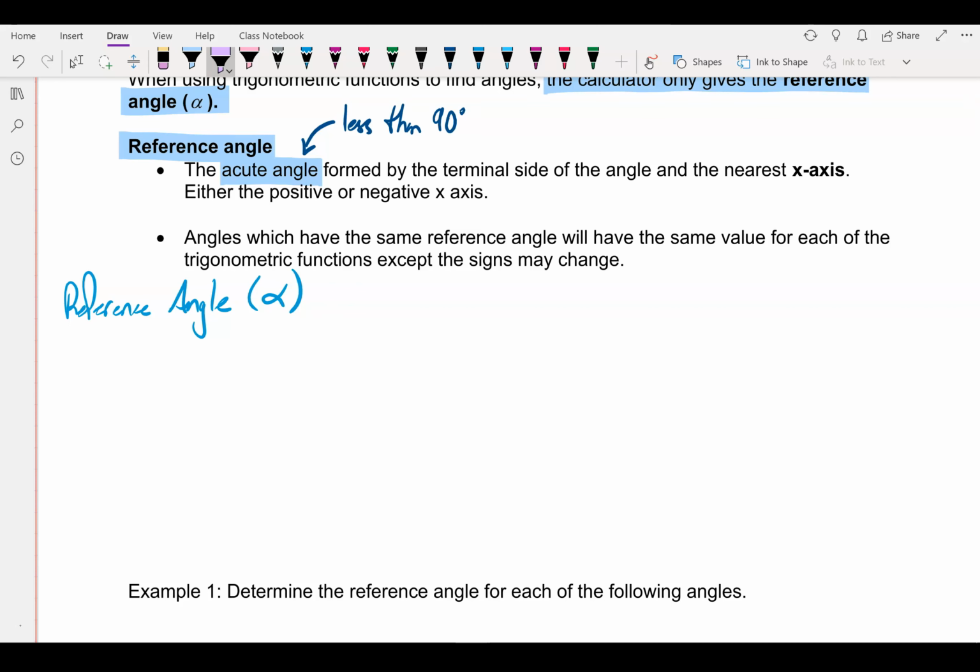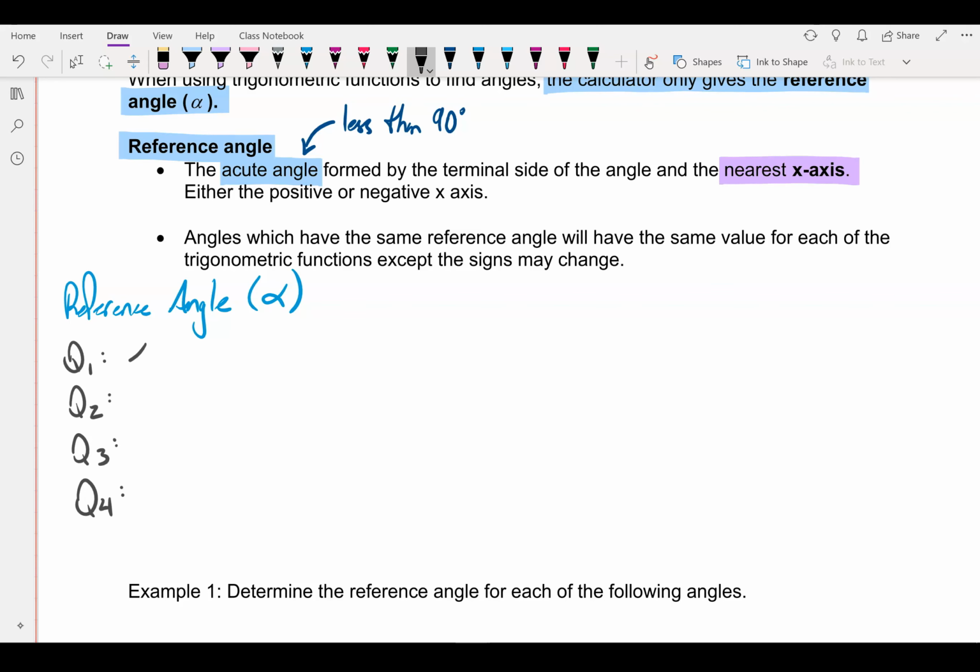It's either the positive or the negative x-axis, okay? Angles which have the same reference angle have the same value for each of the trig functions, except the signs may change. So we'll deal with that a little later. But in quadrant 1, quadrant 2, quadrant 3, and quadrant 4, we have different formulas for the reference angles. All right, and I'm just going to state them here and then I'll explain them.